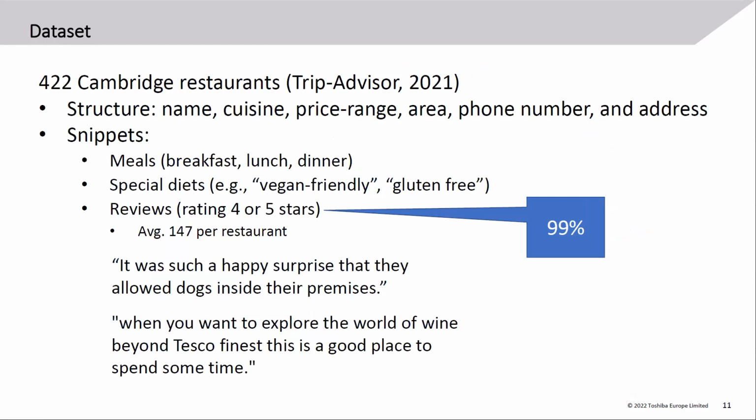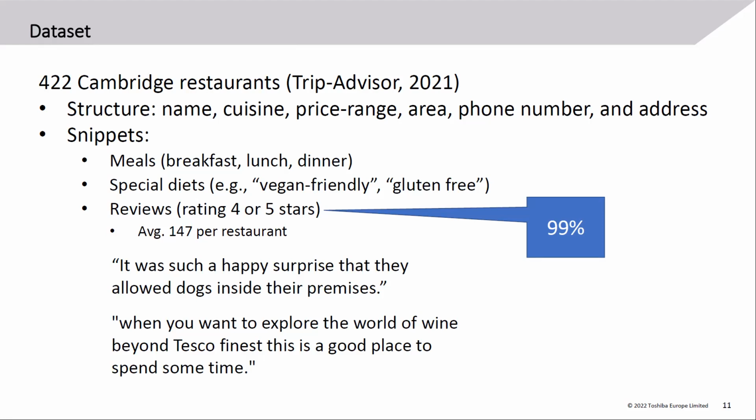So we collect a more up-to-date database set of restaurants, which is 422 restaurants in Cambridge. In the ideal scenario, this would be a data set that's constantly updated and pulled on a regular basis to be up to date.